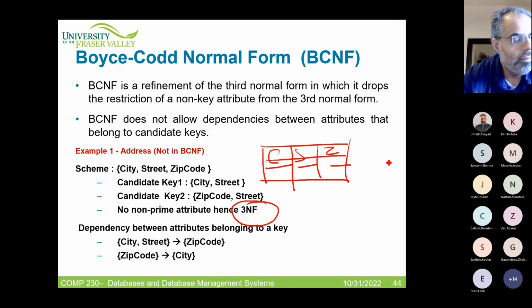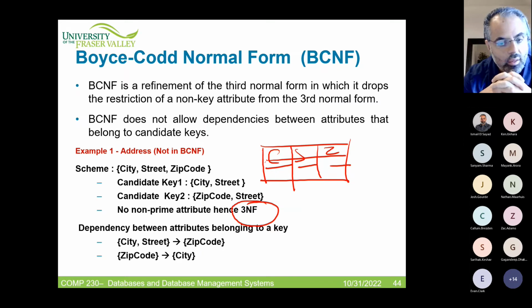So we don't have non-prime attributes that should depend on the whole key and shouldn't have a relationship, because all we have here is just prime attributes. So in this case, we can say directly it is in third normal form.